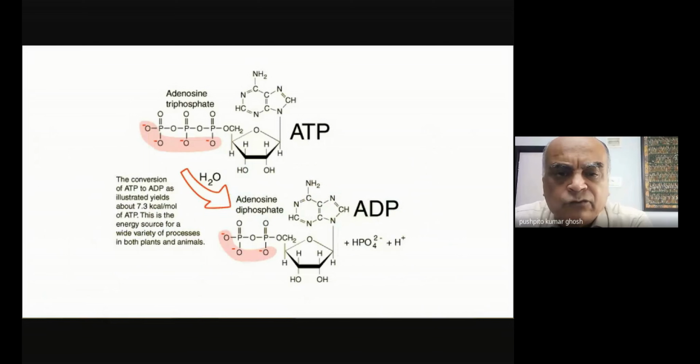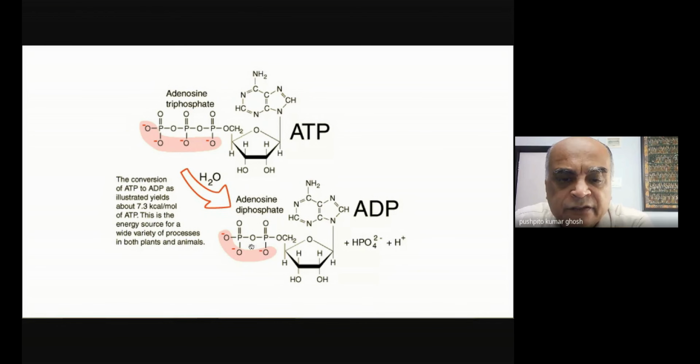Now let us quickly go through the structures of ATP and ADP. If you look at this, this is the adenosine compound, and that compound is the same here. There's no difference, identical.